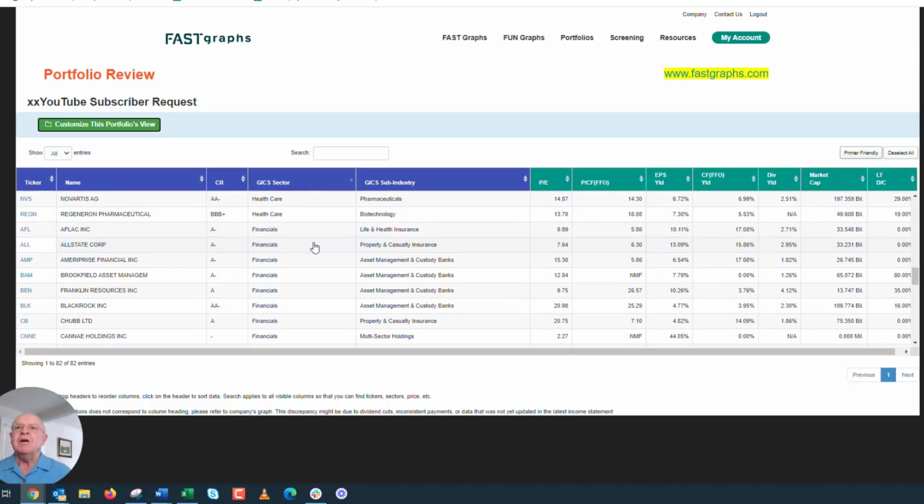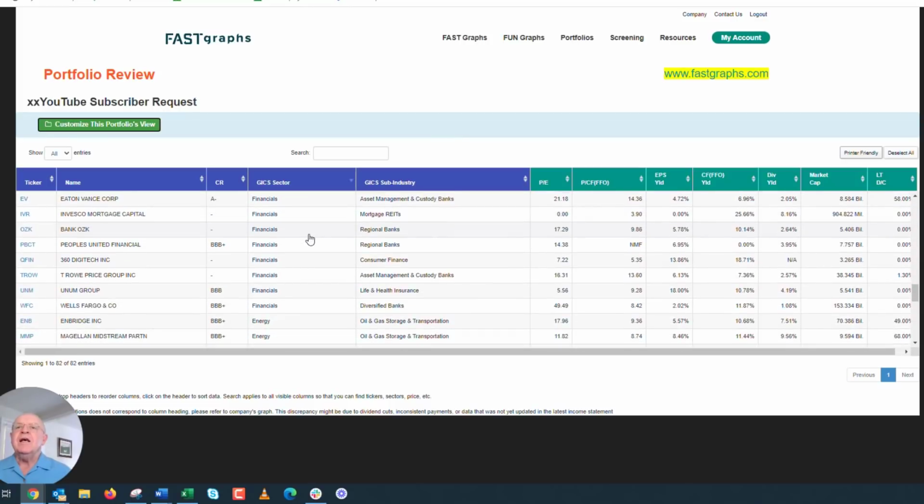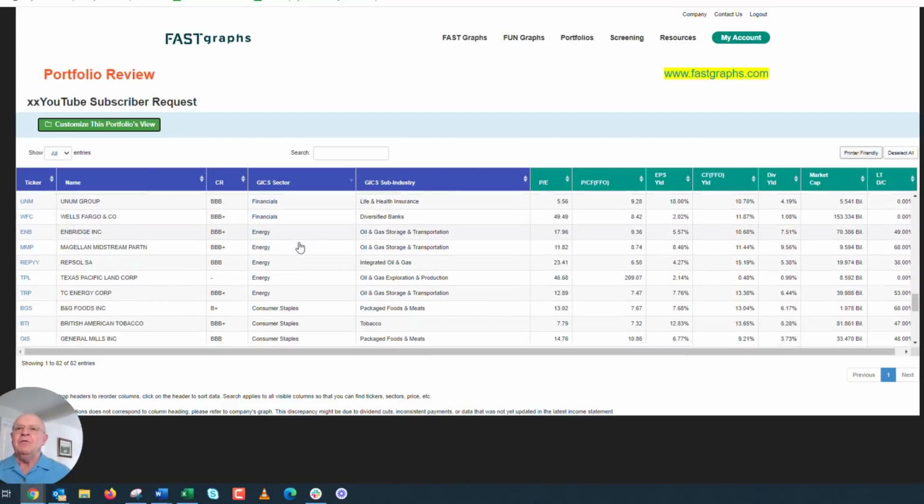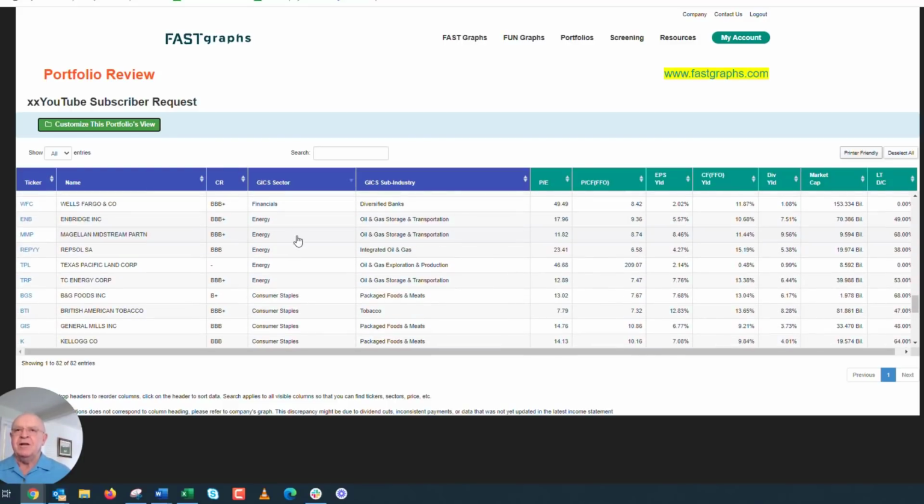And then the one I'm going to cover this week to start out with is financials, which is the sector that was probably most commonly asked about. Now, if you look at the sub-industry sector here, you can see there are a lot of different kinds of companies in this financial sector that I'm going to be covering. They also had several questions about some energy stocks.